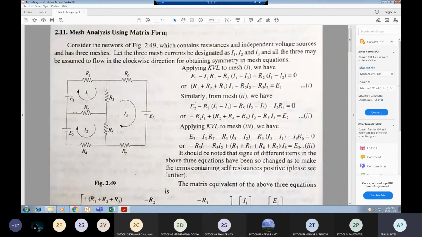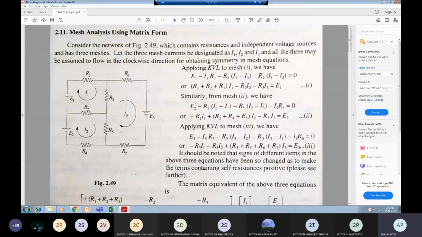Then for R5, we have two currents, I2 and I3, same, okay? So minus R5 in bracket I2 minus I3, and minus I2 R4 equals 0. Now shifting the terms, we have minus I1 R2 plus R2 plus R4 plus R5 into I2 minus R5 into I3 equals E2, by separating the I1, I2, I3 terms. Okay.